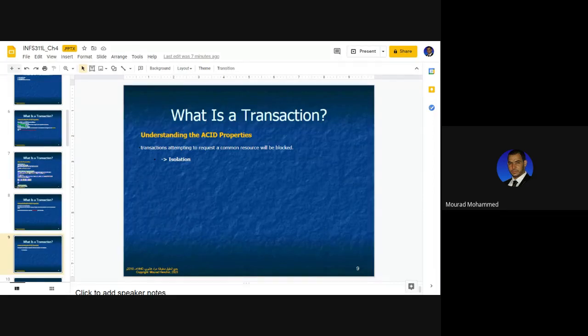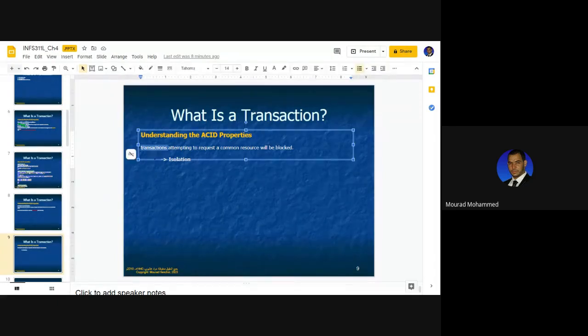At this level we are talking about isolating the transaction queries from the external world. The system must not allow any interruption. For example, we start transaction number one, which is long enough, with 100 queries. The system must not stop this transaction to start another transaction, then come back to transaction one.